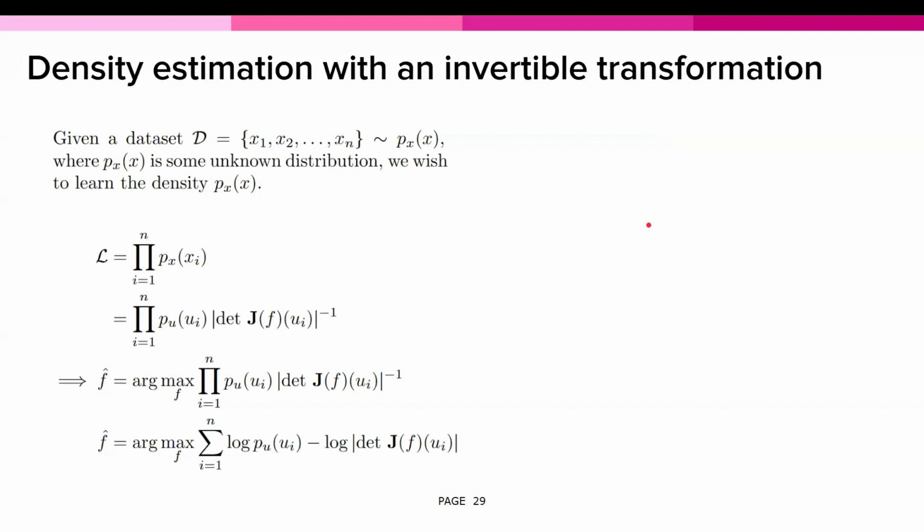But how can this ability to transform probability distributions help us with generative models? In generative models, we're often concerned with estimating the probability density function P sub x of x, which describes the underlying distribution of the observed data.